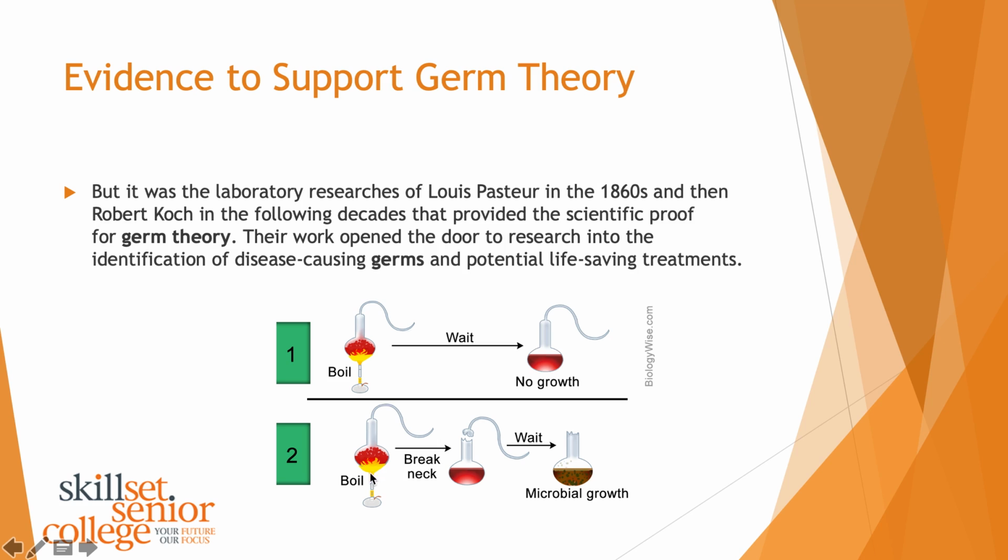If they did the second type of experiment where they boiled it again, but they broke off the neck of the bottle, air could get in and reinfect the liquid here, and there would be more microbial growth. So what they were showing here was when something is boiled and not re-exposed to the air, then it wouldn't be infected again. If something was re-exposed, it would be infected. And why?